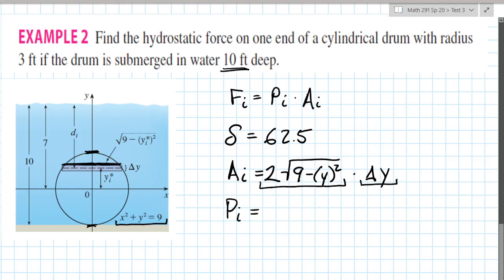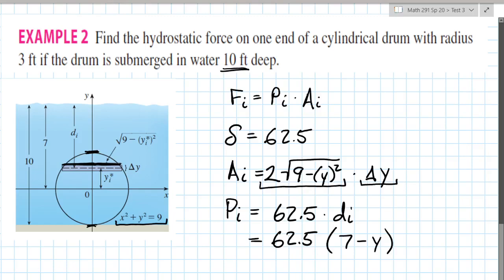For the pressure, remember the pressure is the density times the depth. So we have 62.5 as our density, and then our depth, we could write d sub i, but we want the depth to be in terms of y. So 62.5 times 7 minus y.